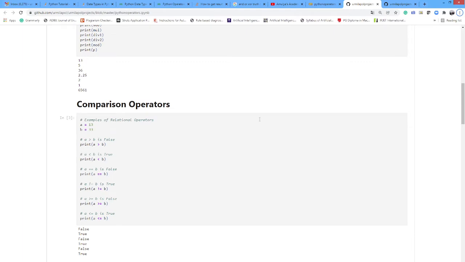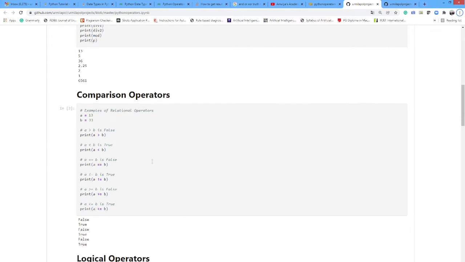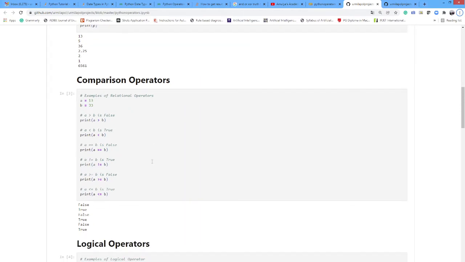Then comparison operators. a is equal to 13, b is equal to 33, a greater than b. a is not greater than b, therefore it is false. If the condition is true, then it gives true, otherwise it gives false.